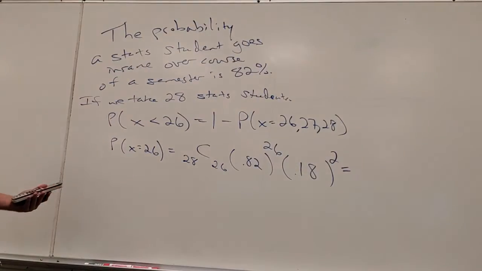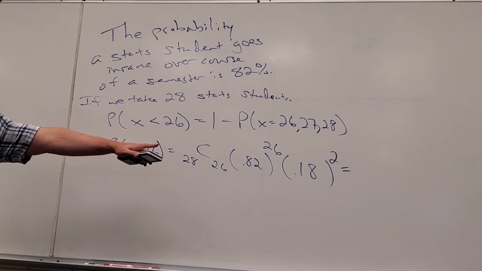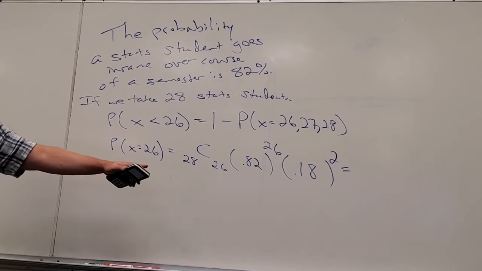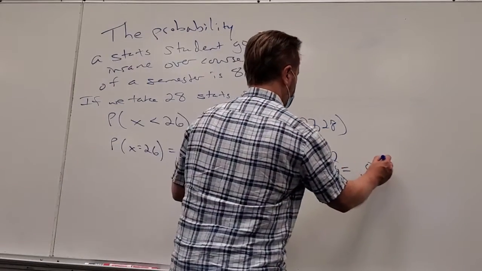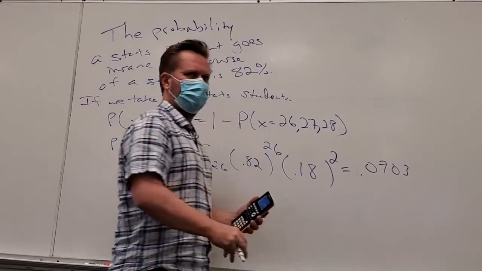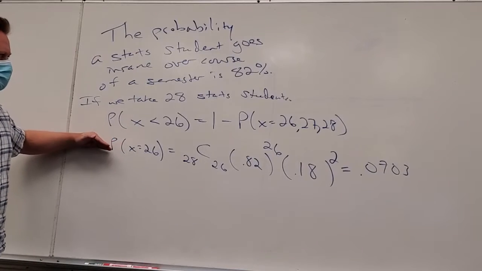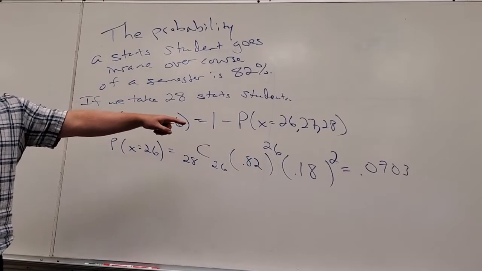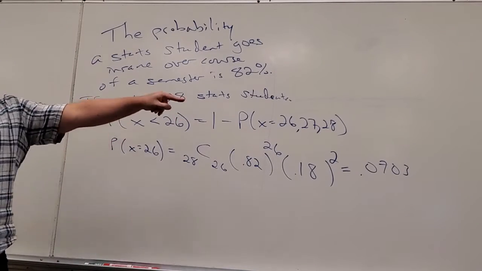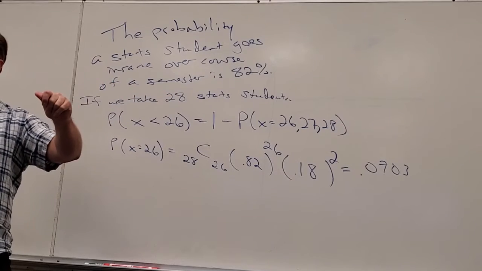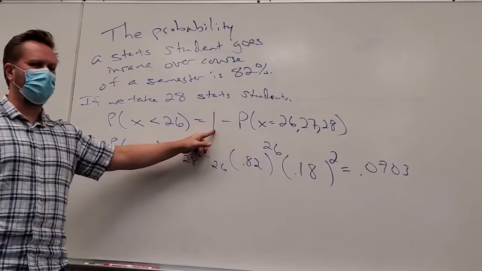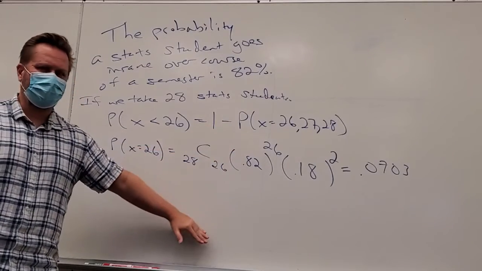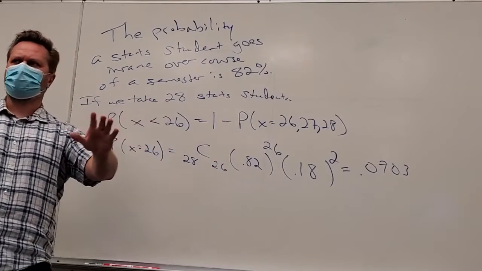Anybody get that answer? And then I do the formula again for 27. I do the formula again for 28. Then I add up those things I got, and then I subtract that from 1, because this is going to answer the opposite question.